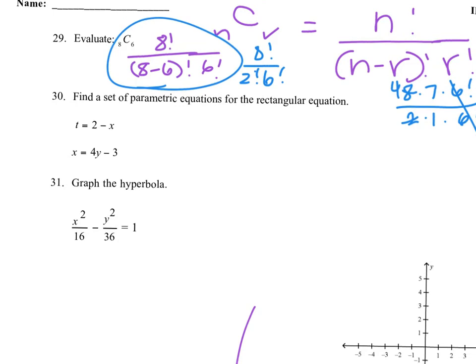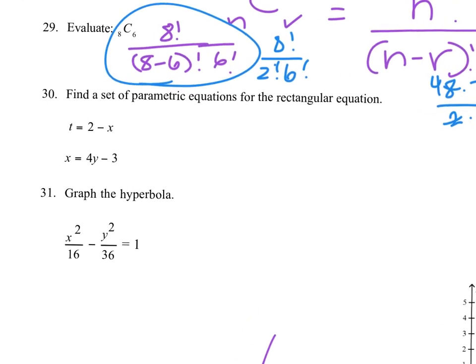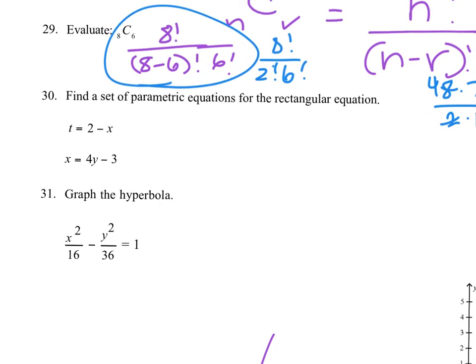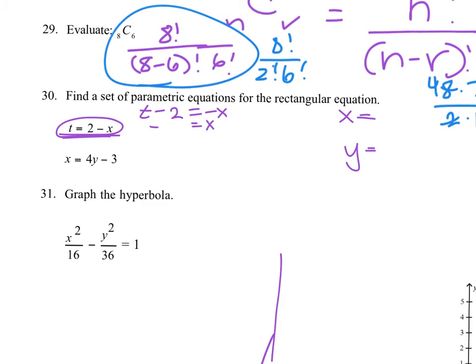Number 30 says find the set of parametric equations for the rectangular equation. So it's giving you what t is, but you need an x and a y. So I want to just solve the first one for x. So I would subtract the 2, t minus 2 is equal to negative x, and then x would equal negative t plus 2, or 2 minus t for x.